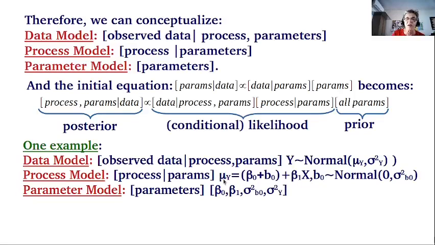So the predicted mean is conditional on these coefficients, and these coefficients are dependent on the variance of these random or group level intercepts.